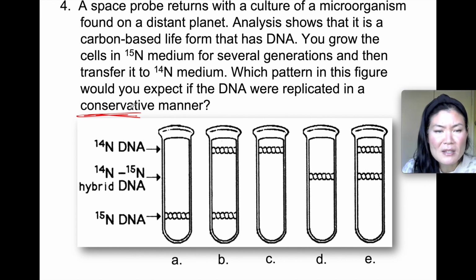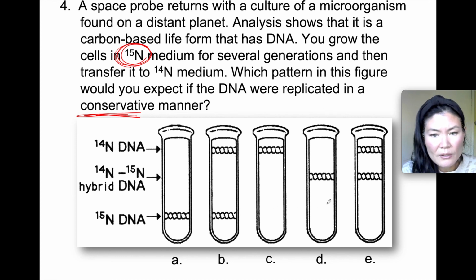You grow the cells in nitrogen-15 medium for several generations and then transfer them to nitrogen-14 medium. Which pattern in this figure would you expect if the DNA were replicated in a conservative manner? Remember, conservative means that the old DNA strand is maintained, okay? So the old one is going to have nitrogen-15.